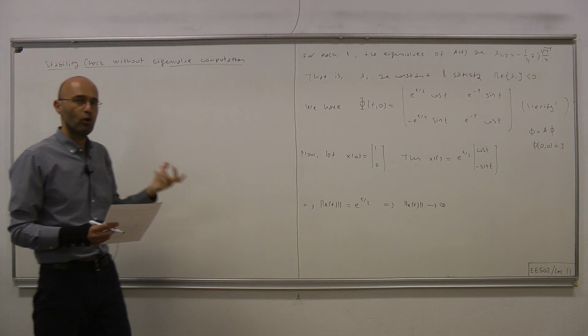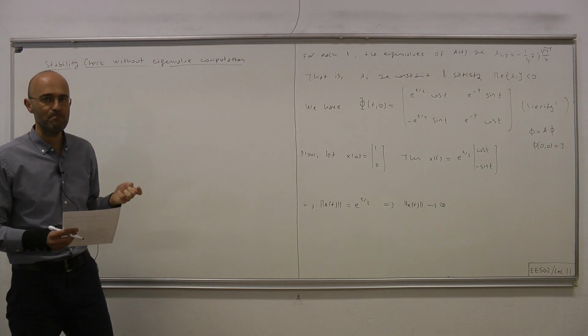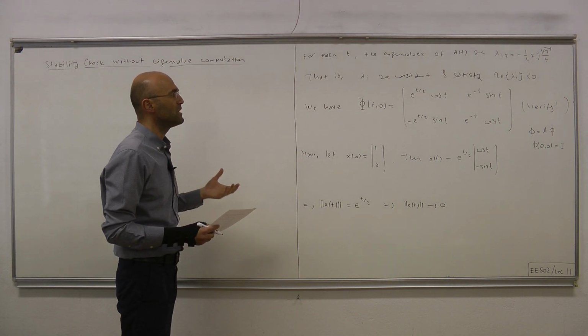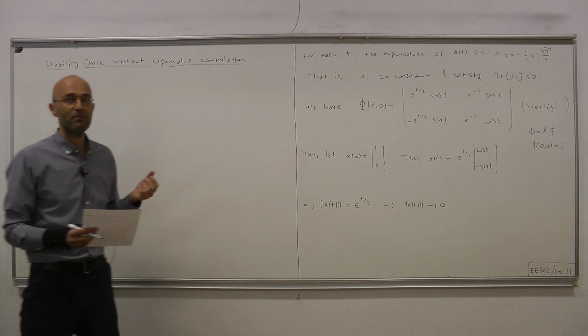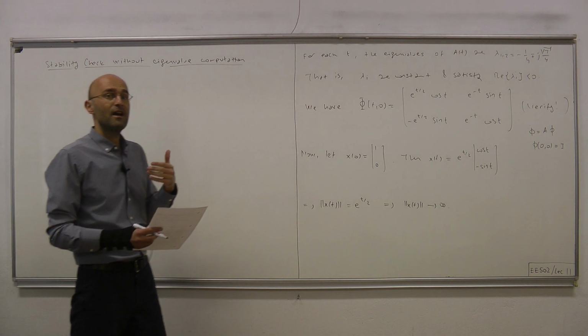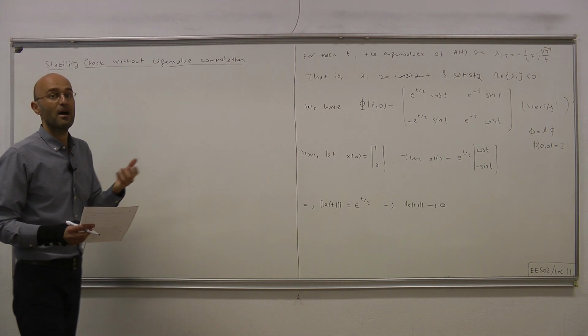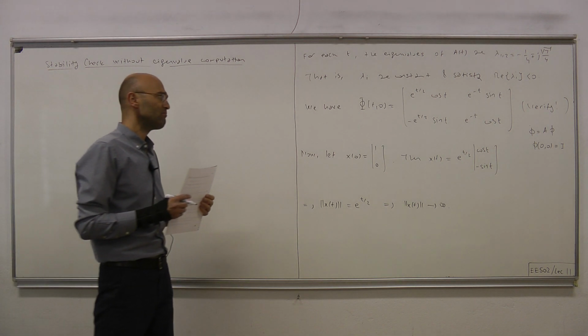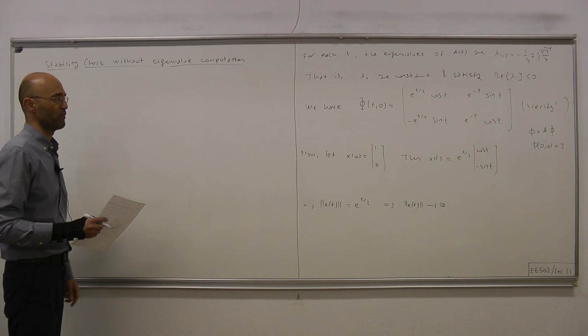The reason may be that you have a very large system, which would mean a very large A matrix. Then the eigenvalue computation could be expensive or sometimes not reliable from the computational point of view.